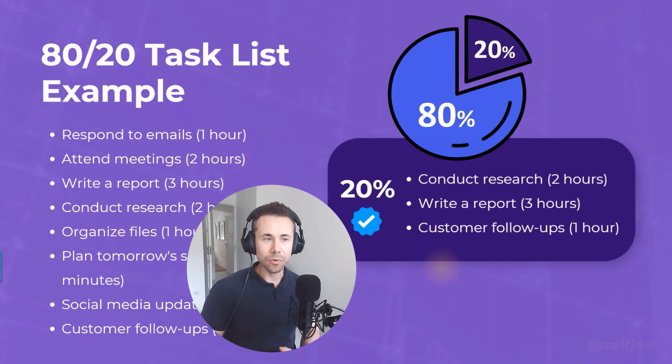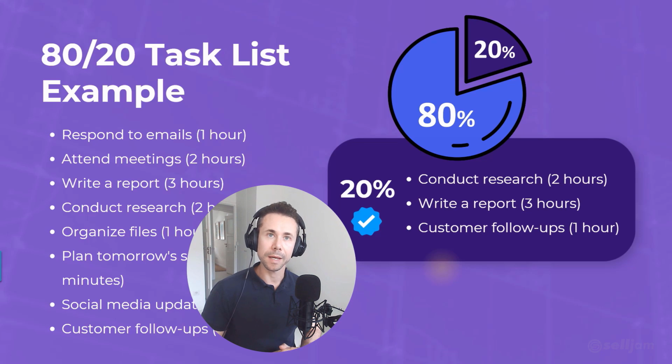Next one is writing a report. This would be needed for somebody else to be able to do the task that they need to do. A report gives valuable feedback. A report also gives information for other stakeholders or even yourself to be able to progress further, things like that.